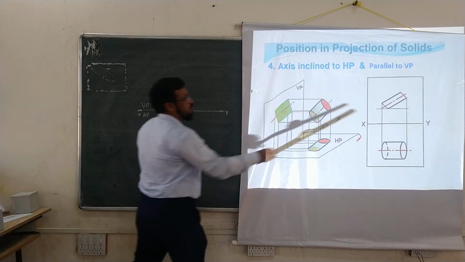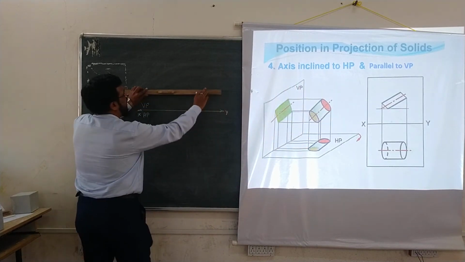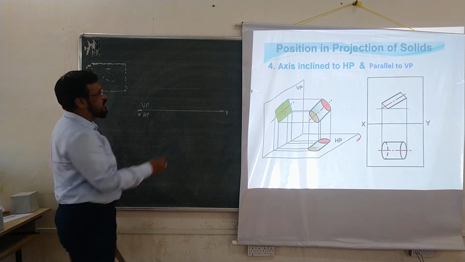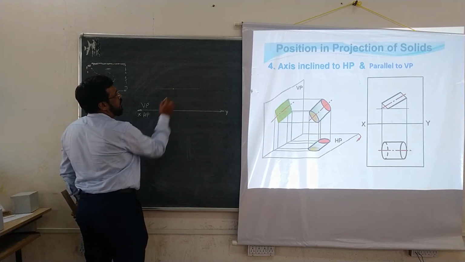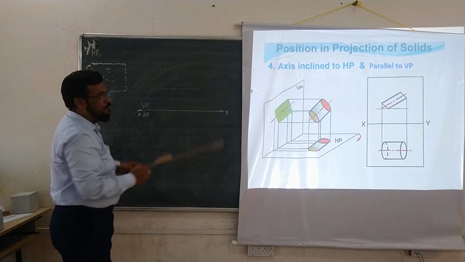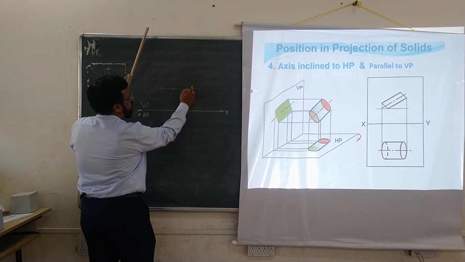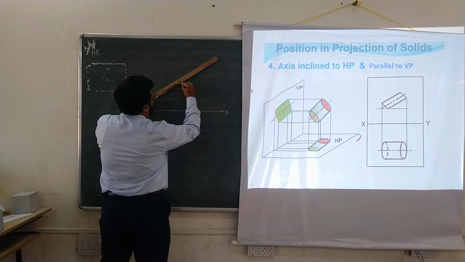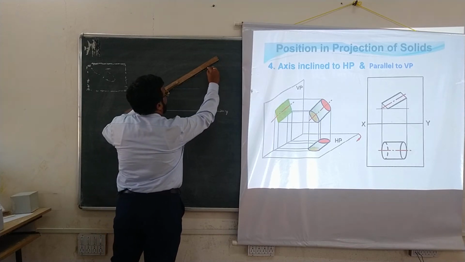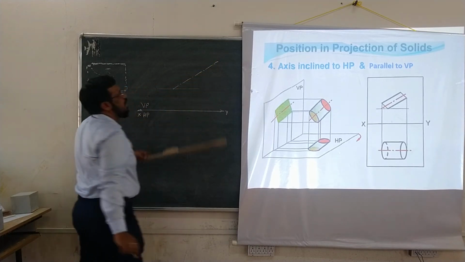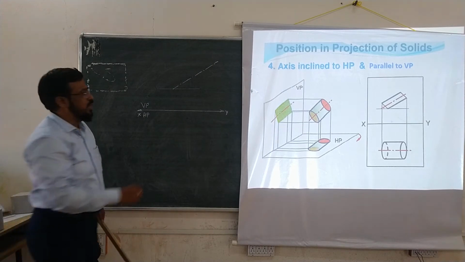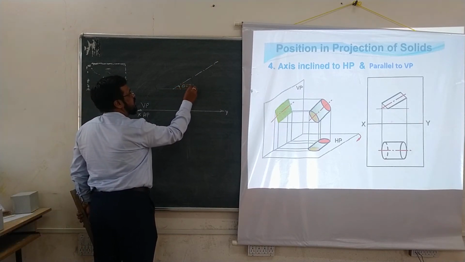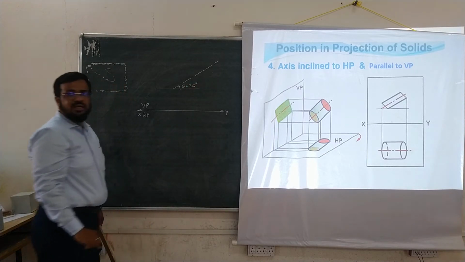So to draw this front view, I may take a reference in the form of a parallel line to this XY, and on this line I may consider a particular point over here, and from this point I will keep the protractor and I can mark a line making an angle of 30 degrees. Remember friends, the axis makes an angle of 30 degrees. So I have to draw this angle theta that is inclined to HP, and it is 30 degrees.